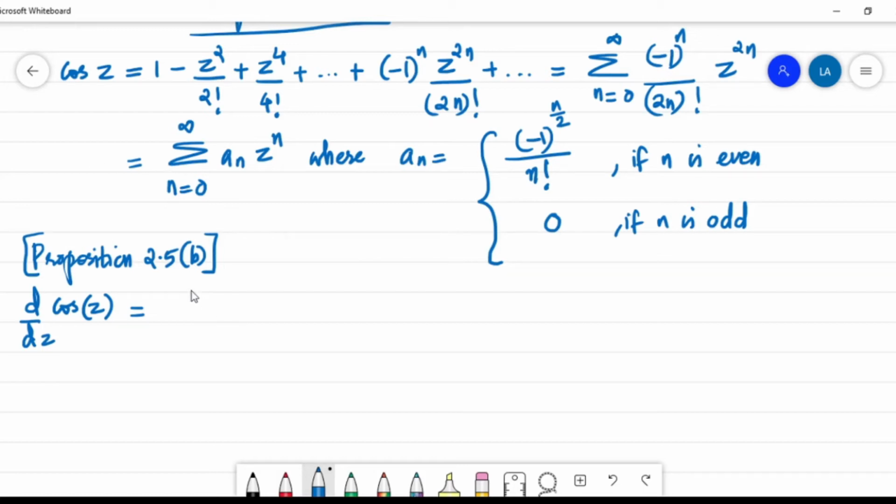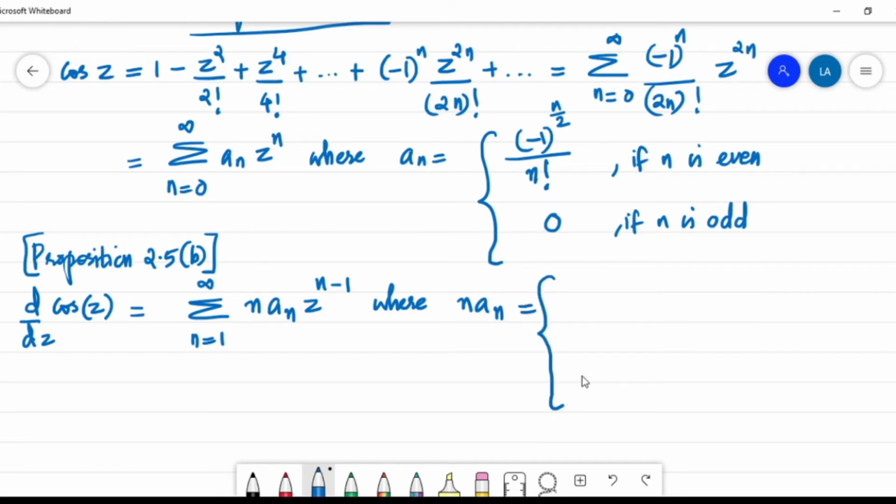So, by proposition 2.5b, we know that this is equal to summation n equals k to infinity, and here the k in the proposition will be 1 because we are taking the first derivative. Instead of k, I am having 1 to infinity. Here we will have n into a n into z raised to n minus 1. And let us see what the coefficient is. Here the coefficient will be n into a n, and let us define it.